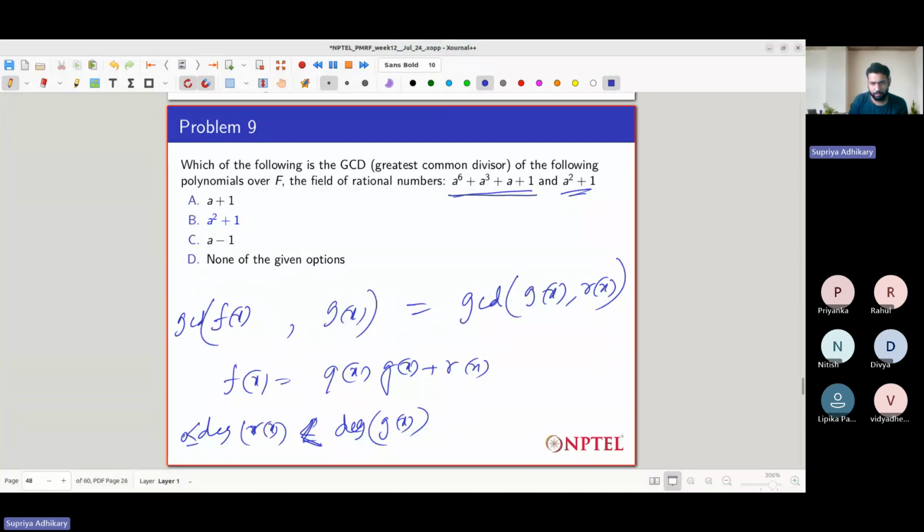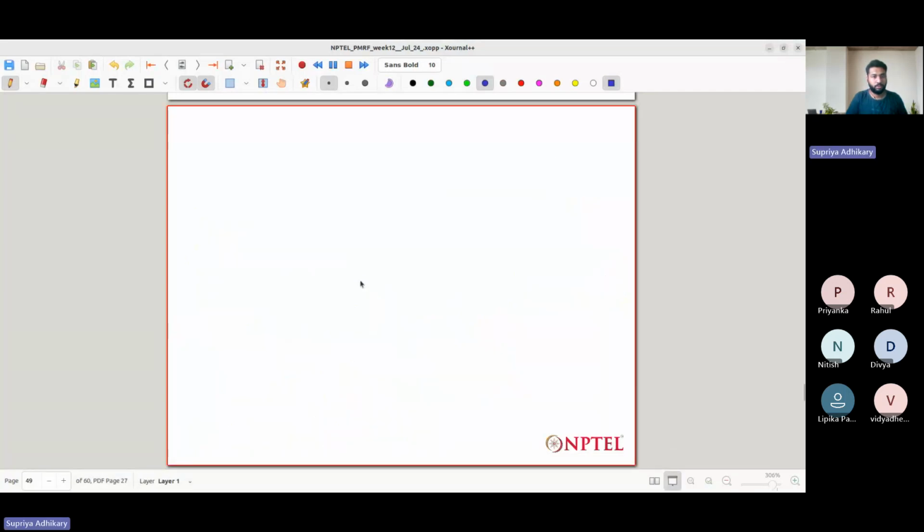Then again, to find the GCD, we can write g(x) in this form: q(x) multiplied by r(x) plus some r'(x), and we continue until we get r(x) to be 0. Once r(x) is 0, we can say that this g(x) is our greatest common divisor. Okay. So that exact algorithm we are going to use.